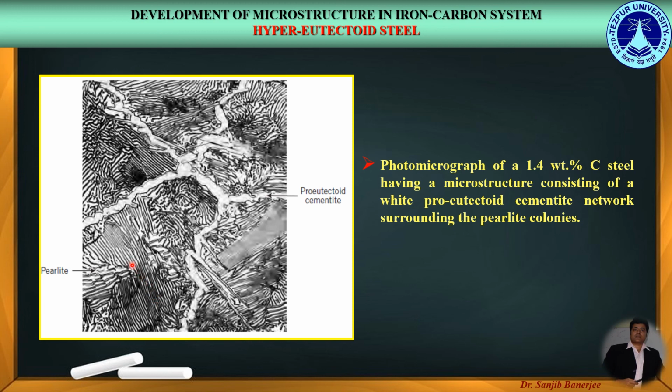Here the cementite is the eutectoid cementite, that is the cementite which is formed due to the eutectoid reaction. And here the lighter or white regions represent the pro-eutectoid cementite network surrounding the pearlite colonies. So, this is the final microstructure for a hypereutectoid steel.